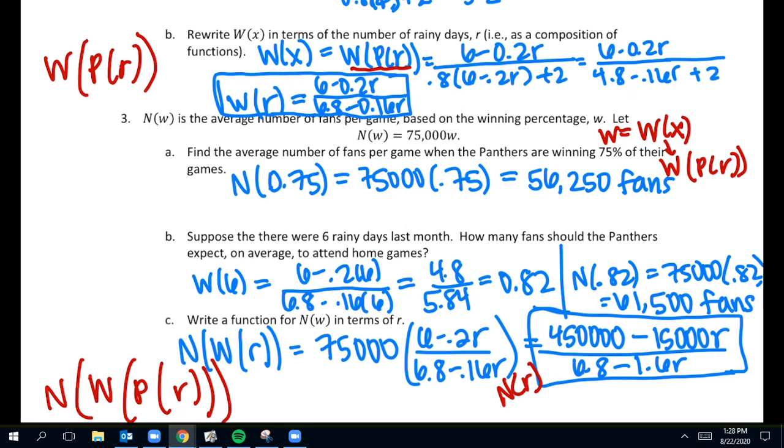And so in that case, what that shows me is that if I knew the number of rainy days, 6, I could just plug 6 in for R to this final equation, and I can get the same answer of 0.82.